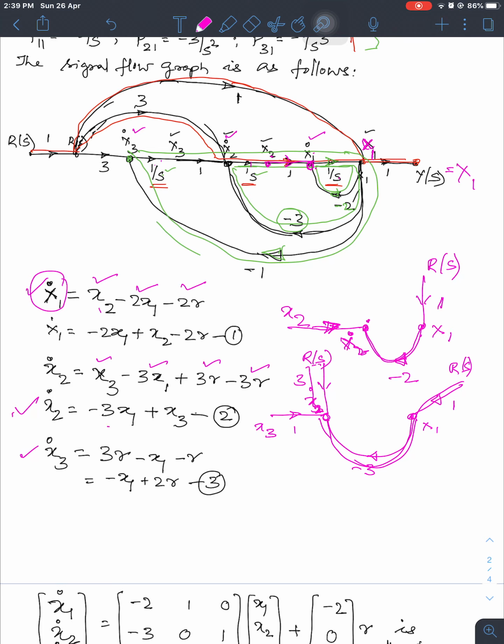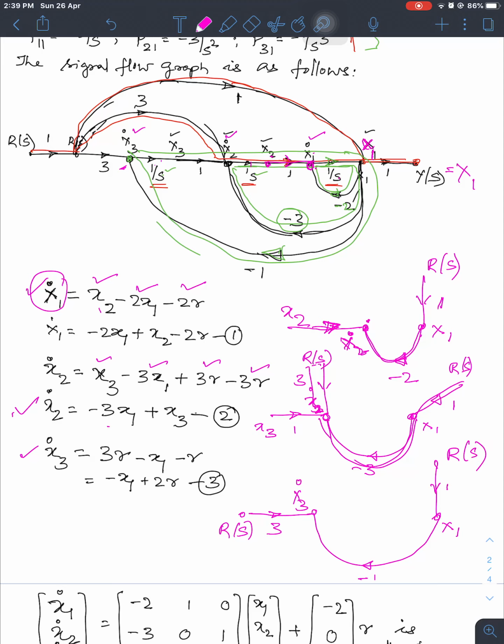Okay. The third equation we again obtain from x3 dot. So we identify the node x3 dot, that is this node x3 dot, possible signals. So we have one signal here, this is 3, this is r. So what we have here is x3 dot is equal to one signal from this one, another signal from x1, this is x1, and the gain of this is minus 1, and then there is one r which is coming here, that is from r there is a signal.